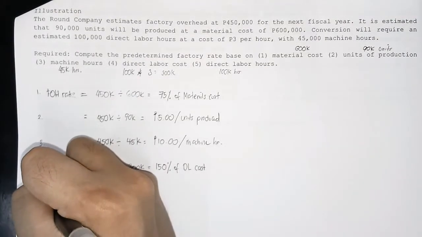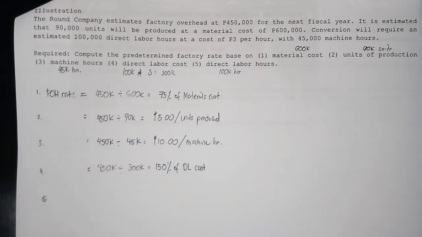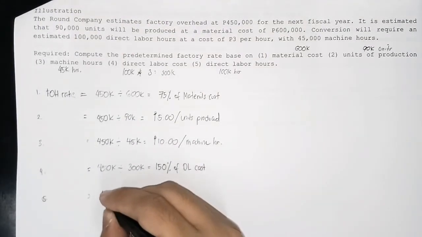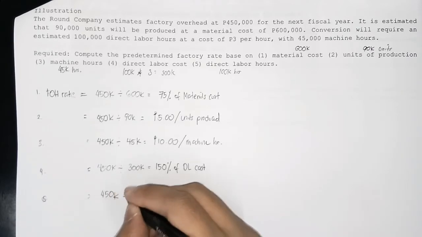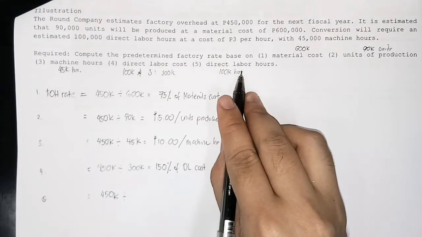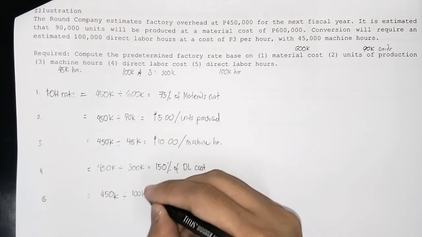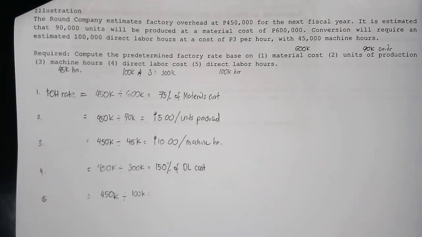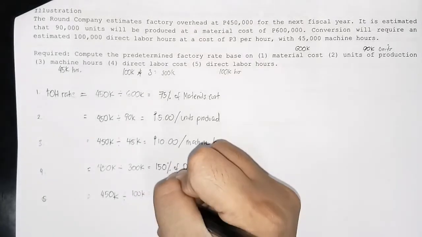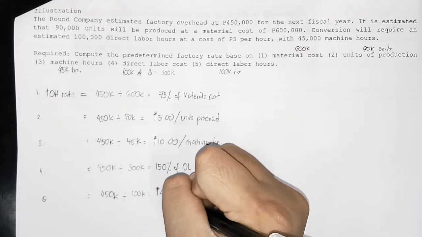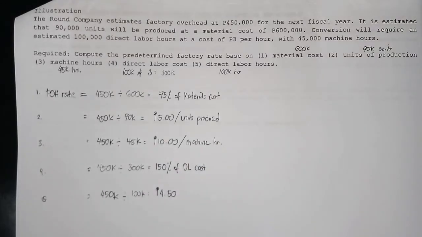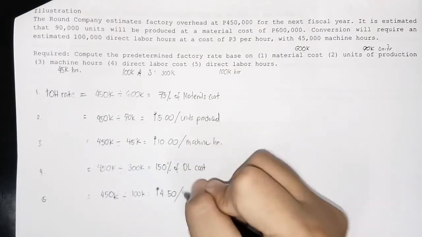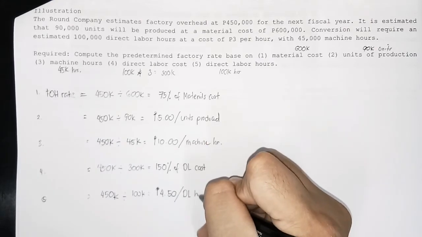And number 5, factory overhead rate is equal to 450,000 divided by number of direct labor hours, which is 100,000. 450,000 divided by 100,000 is equal to 4 pesos and 50 centavos. Okay, kumpletuhin natin ha. Factory overhead rate is equal to 4 pesos and 50 centavos per direct labor hour.